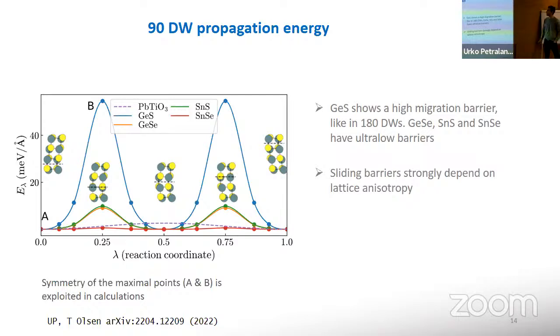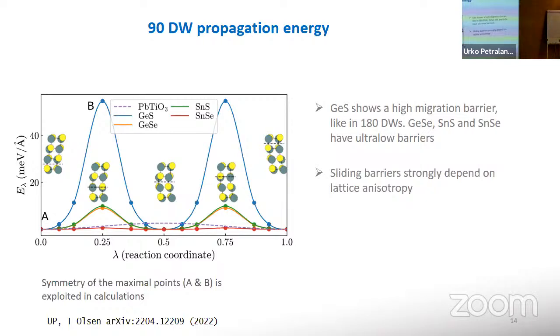And what we found for this, for germanium sulfide in particular, but we have done it for all materials, is that there are two symmetric peaks, because the system in the middle is energetically equivalent to the system in the beginning. So from here to here there's only half a unit cell displacement, and from here to here, another half.